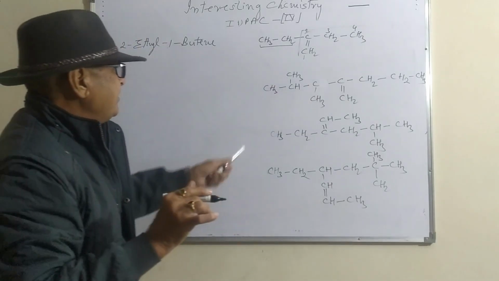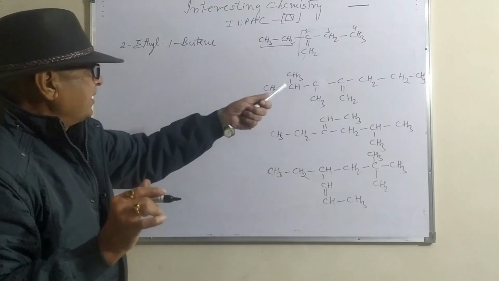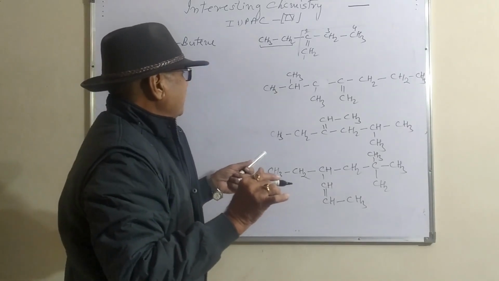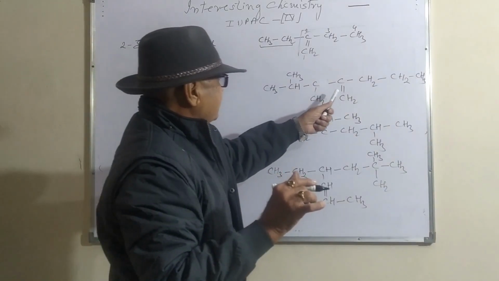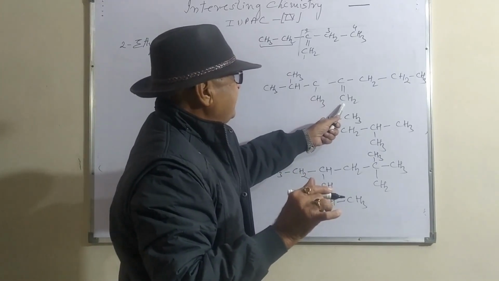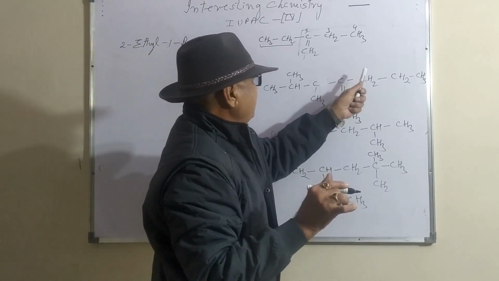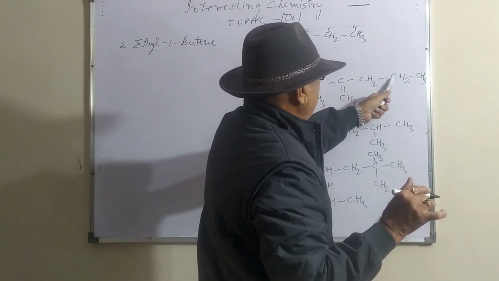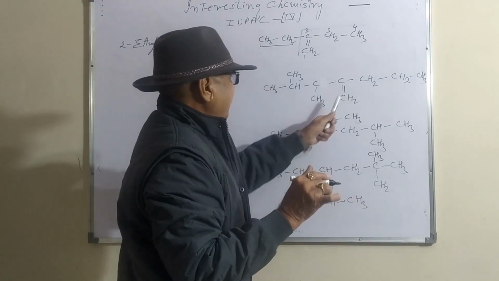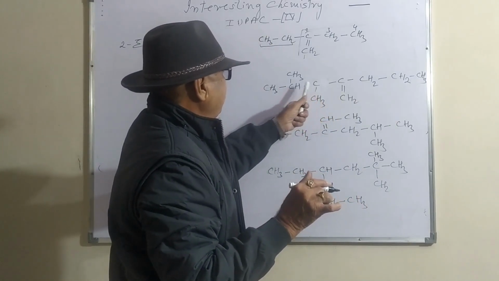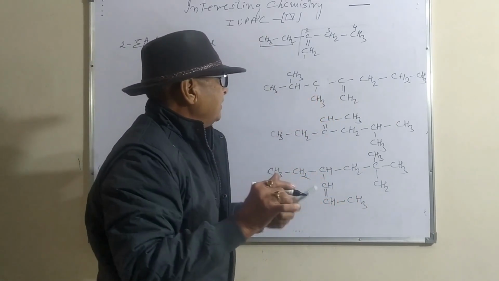Let's come to the second structure. It is the structure again. So here this double bond will be included in the longest chain. 1, 2, 3, 4, 5, and 1, 2, 3, 4, 5.